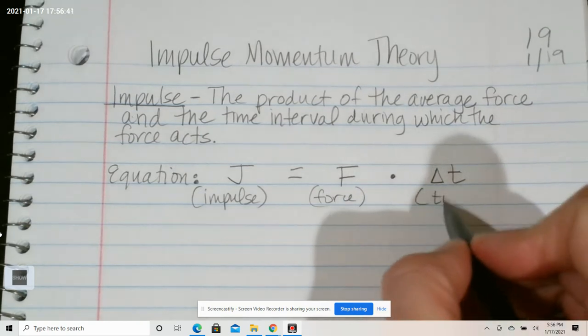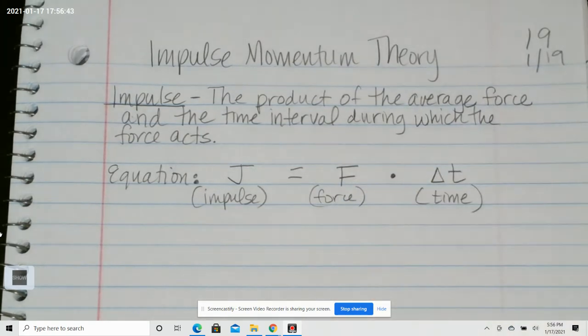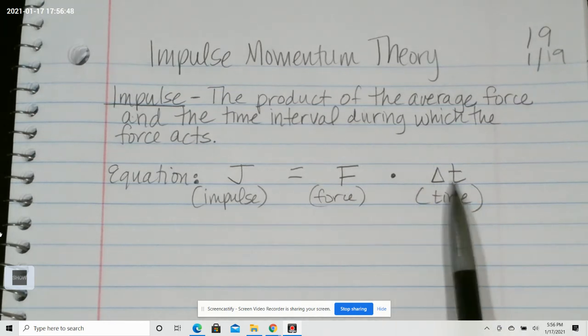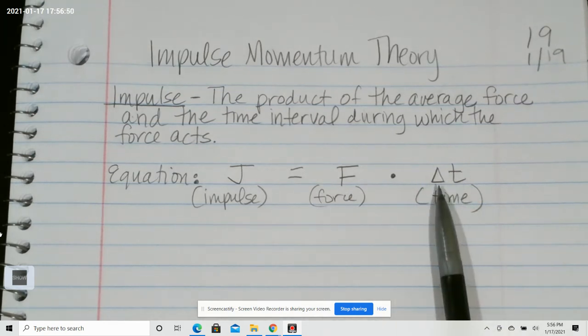T stands for time. When I say change in time, you may see just a T in the equation without the delta. Just remember, it's not a single point in time, it's the change in time.